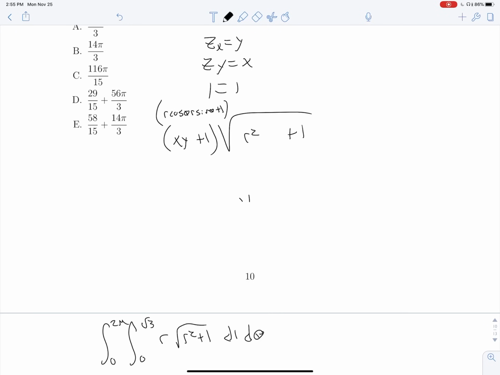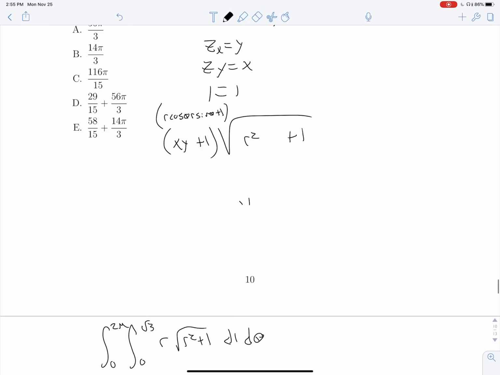There we go. So we can do some u substitution on this and then reverse it again, and we will get the integral from 0 to 2 pi d theta of the quantity 1/3 r squared plus 1 to the 3 halves evaluated on 0 to root 3.